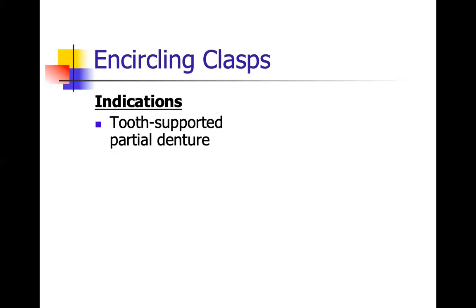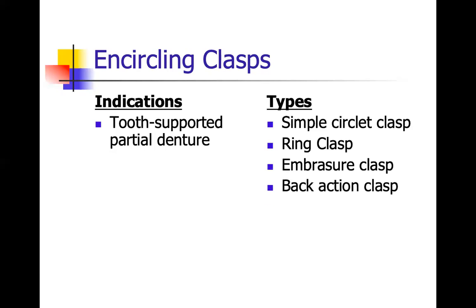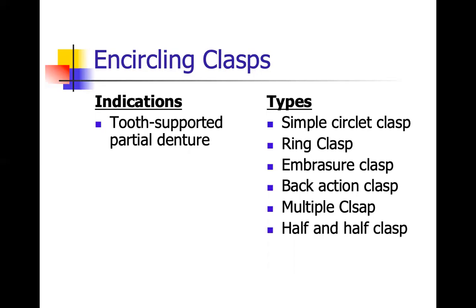There are different types of encircling clasps, which include simple circlet clasp, ring clasp, embrasure clasp, back action clasp, multiple clasp, half and half clasp, reverse action clasp, and onlay clasp. I will explain each one by one.